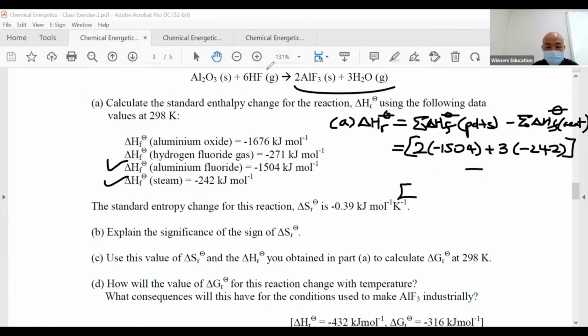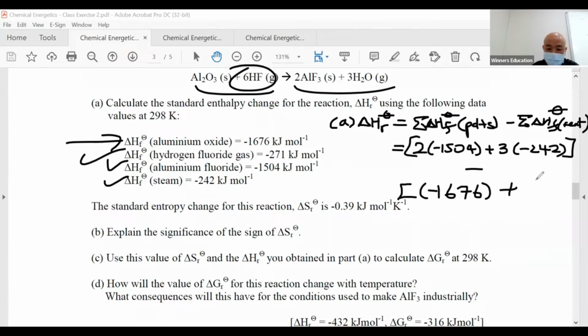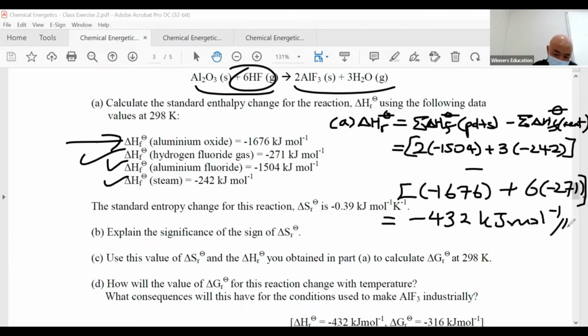And the reactant side, Al2O3, this one, negative 1676, plus 6 HF. So it's 6 of negative 271. So it's minus 432 kilojoules per mole. Right? Nothing much. It's just calculation.